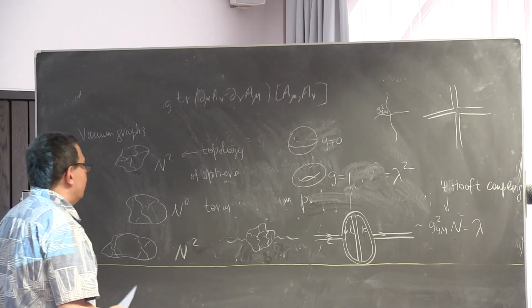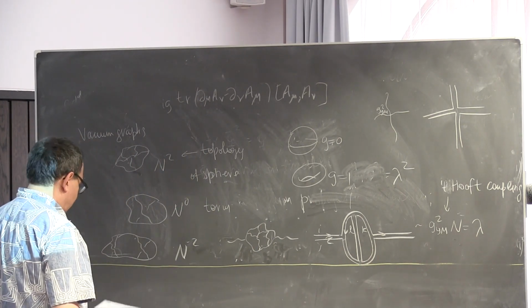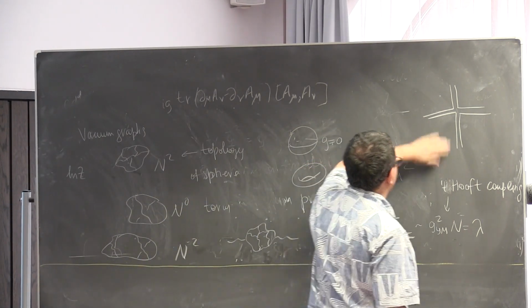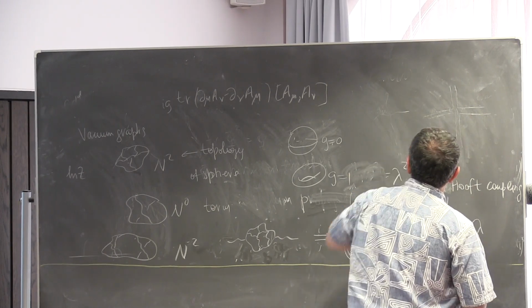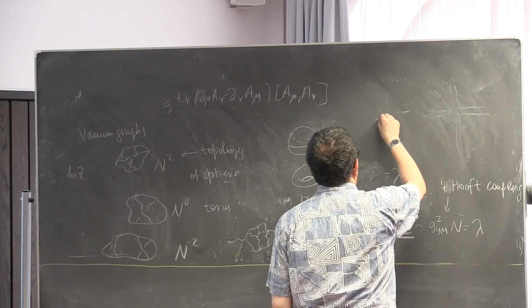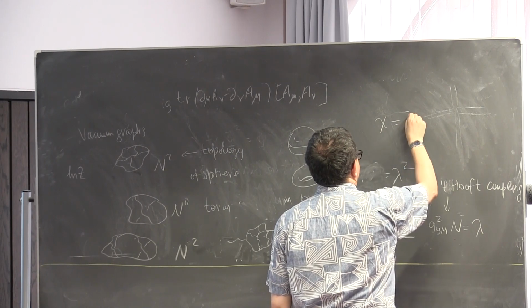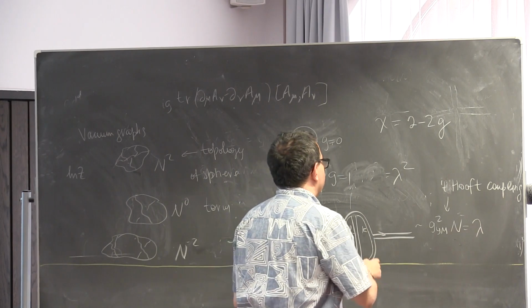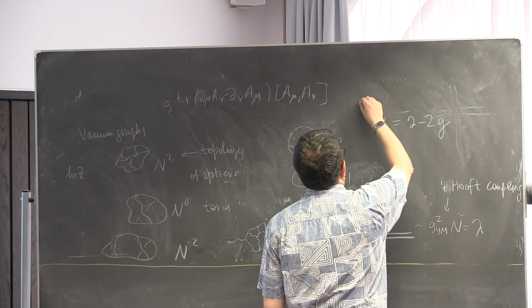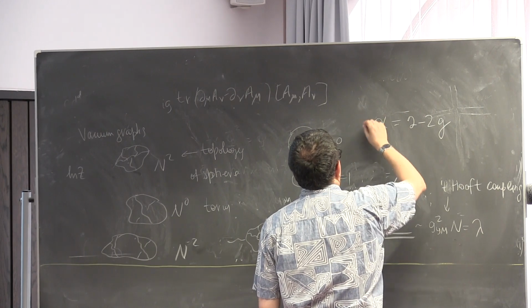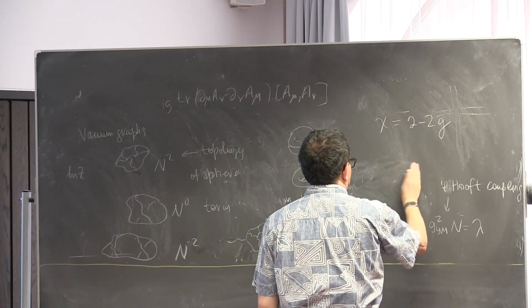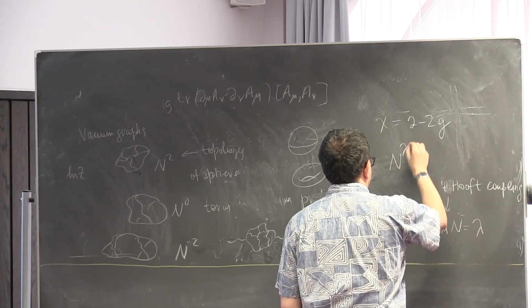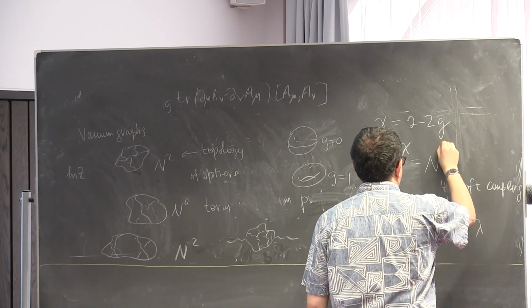And yeah, so in general, there is the so-called Euler theorem, which says that the Euler characteristic chi is just equal to 2 minus 2g. And one can show that each graph is weighted by N to the chi, which is N to the 2 minus 2g.